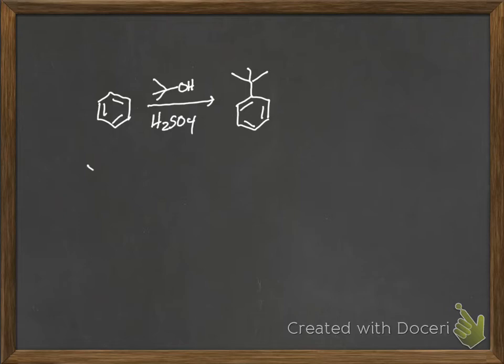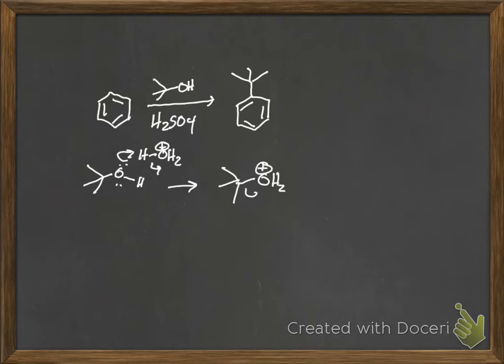Now the mechanism here is based off a slightly different reaction set. So the alcohol would deprotonate the hydronium. You get here. That's your leaving group, and this would actually kick off and generate the T-butyl cation all on its own, which the ring would then attack.